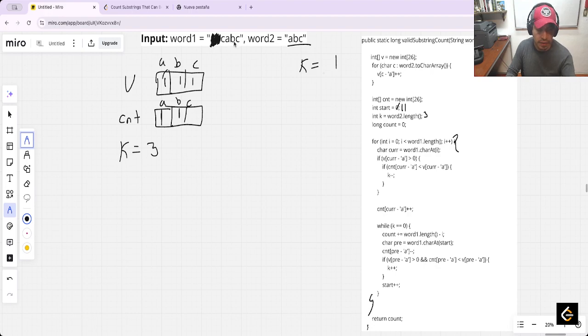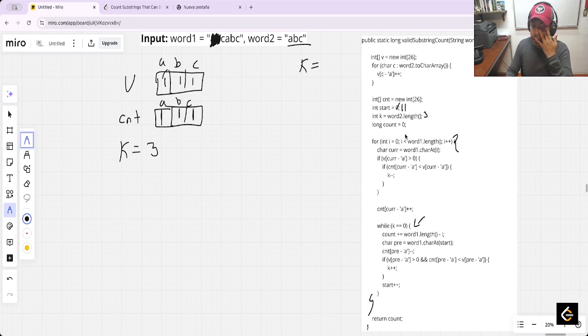Okay, now the next step is the letter C. Here it appears greater than 0, yes, and this is minor to this, yes. In this case this is removed, less 1, here increases 1, and now K is equal to 0.